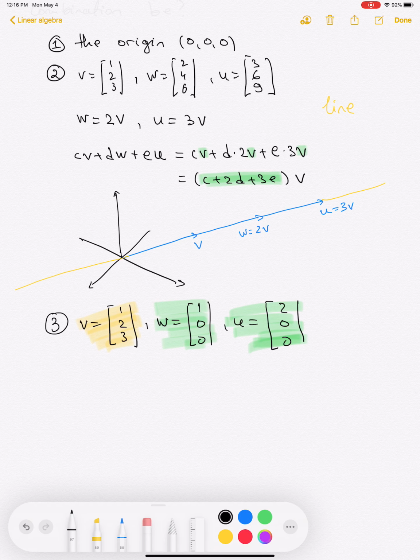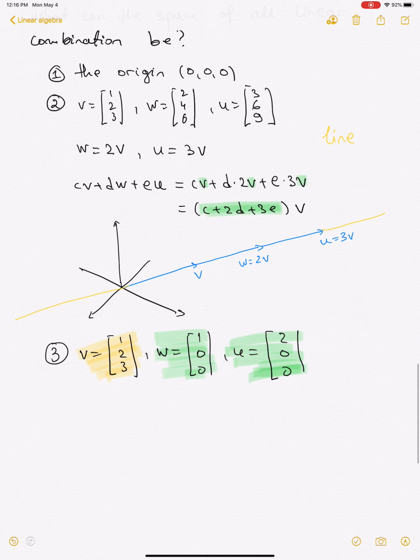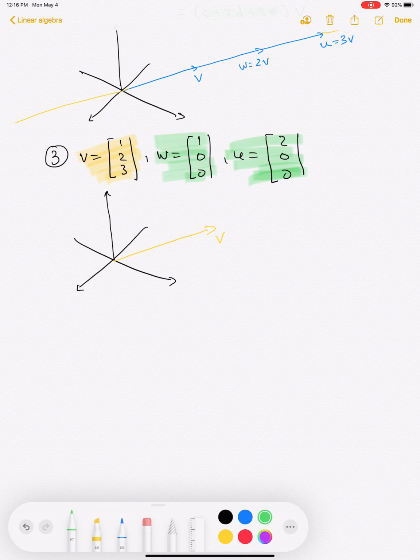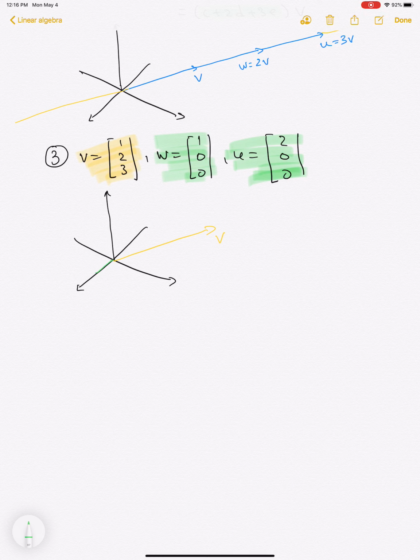If we were to look at this as a picture in 3D space, it would look something like this. It's not a precise representation, of course, but you get the idea. So let's say I have my V here, and W is going to be along the x-axis, which I'll choose to be this one. So it's right here, and U is right there. So you see that as vectors, they don't really give much. Then what you get as a combination is a two-dimensional space.